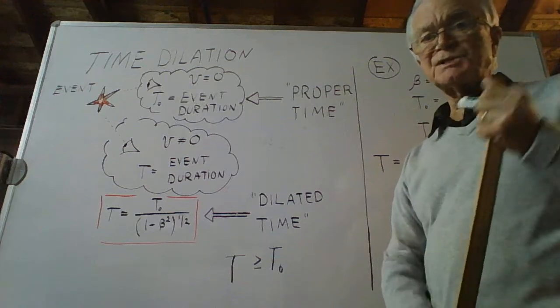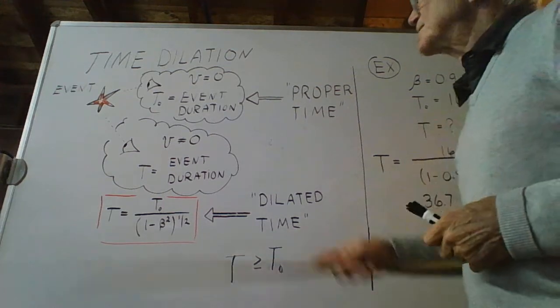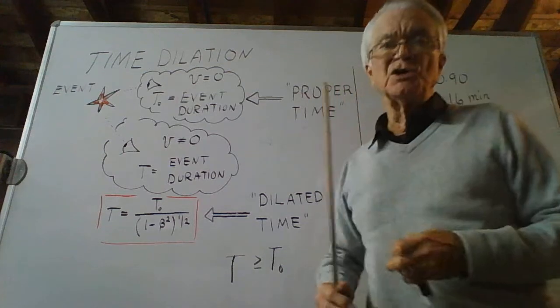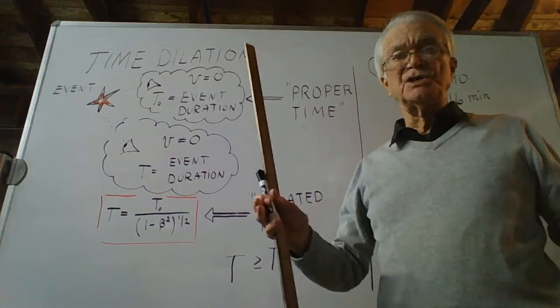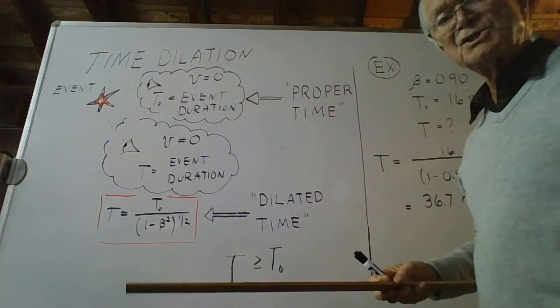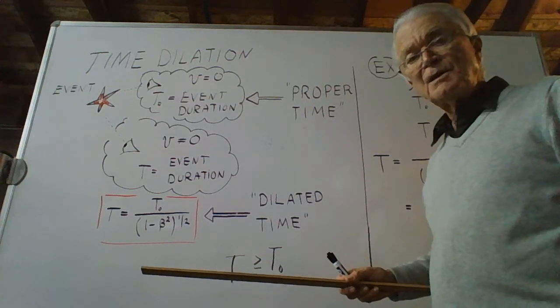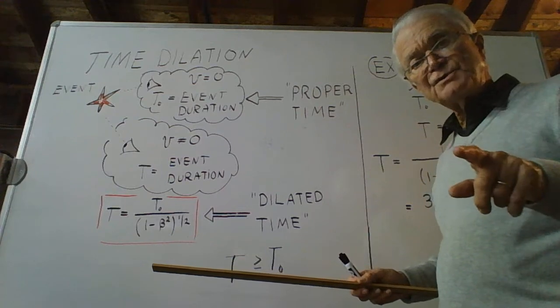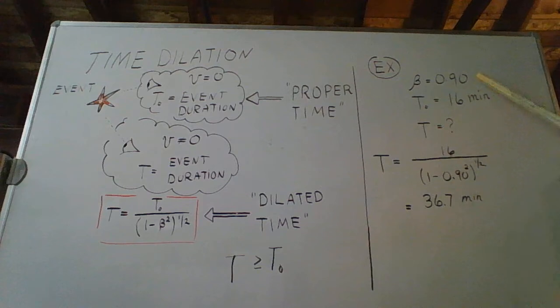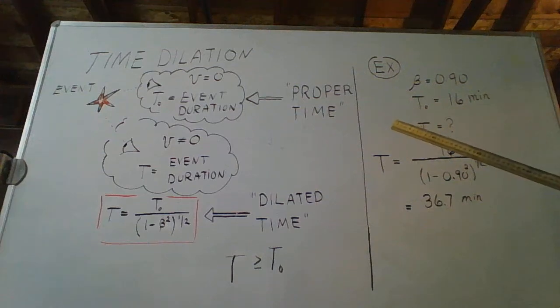Let's work a simple example of what we call time dilation. The word to dilate, you may know, means to widen or to increase or to enlarge. And that is what's happening in the case of observers moving relative to the event. Suppose beta is 0.90 and a particular proper time that's measured is 16 minutes.